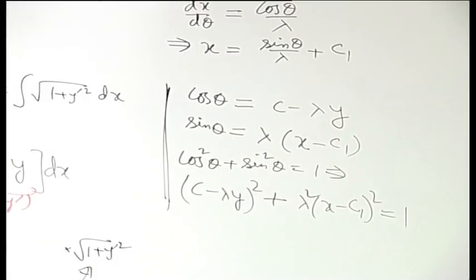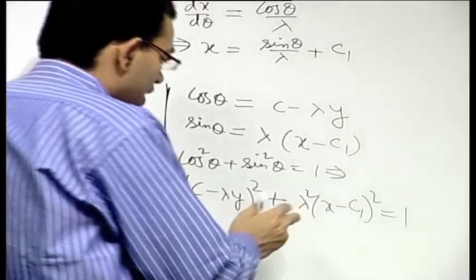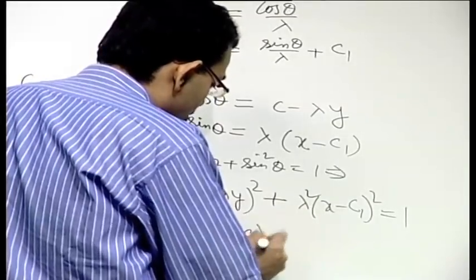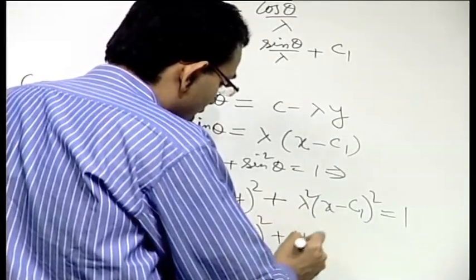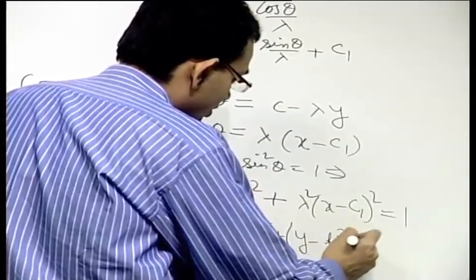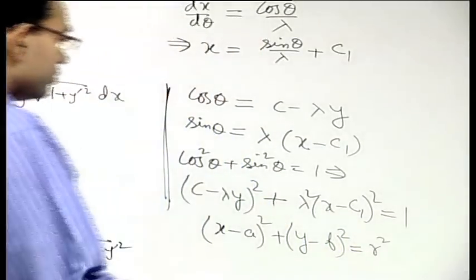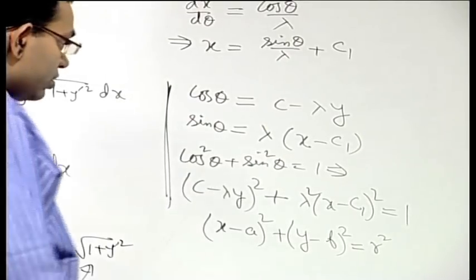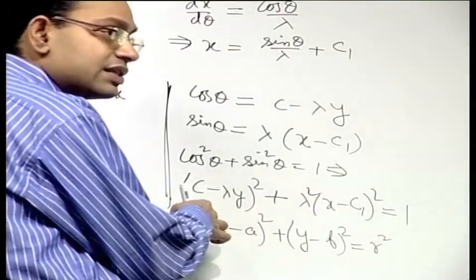So you can simplify this in the form x minus a whole square plus y minus b whole square is equal to some r square. Is it possible to write it in this way? So you can absorb this lambda with c.